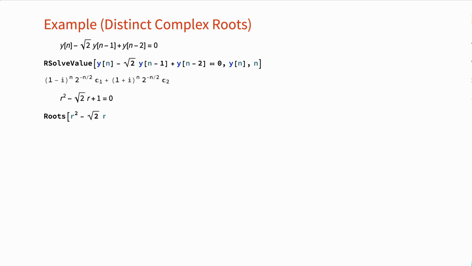And the roots can be found as these two distinct complex conjugate values. This gives us the complementary solution as the expression shown here with complex conjugate coefficients, and this matches the solution obtained using the Wolfram language.